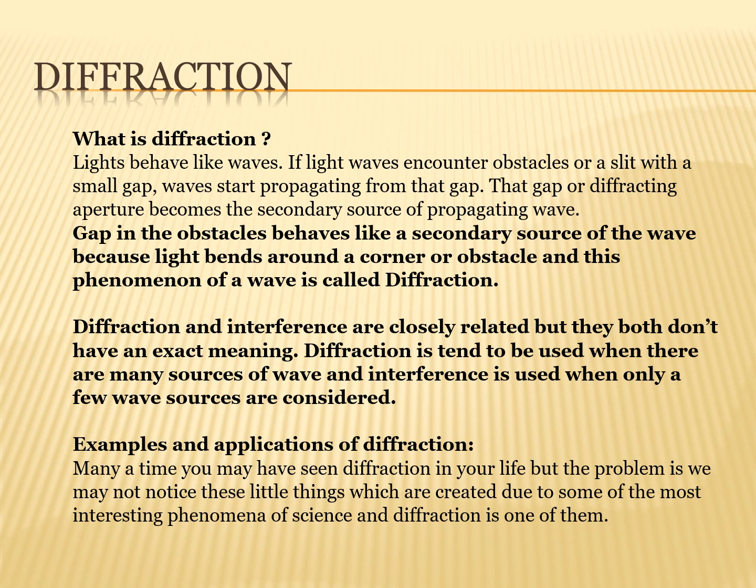That gap or diffraction aperture becomes the secondary source of propagating waves. The secondary source of waves bends around the corner or obstacle, and this phenomenon of waves is called diffraction.